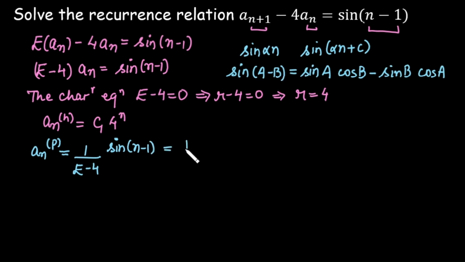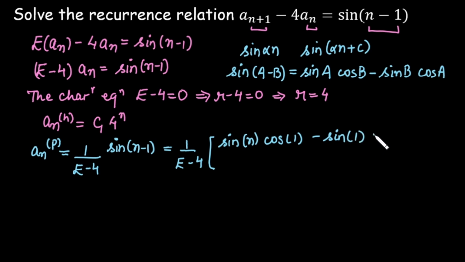We have 1 upon E minus 4, sine n into cos of 1 minus sine of 1 cos of n. Now separate these two things along with the operator.